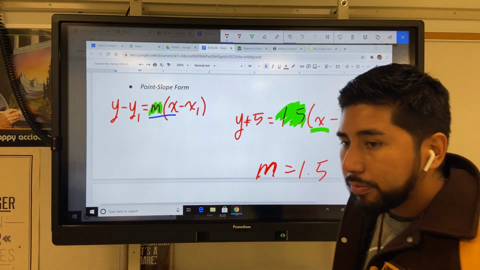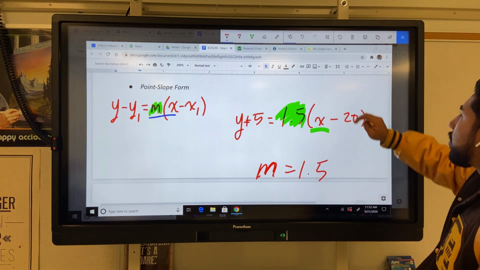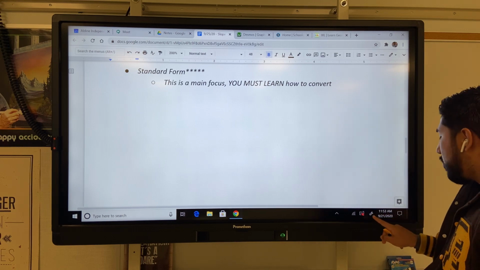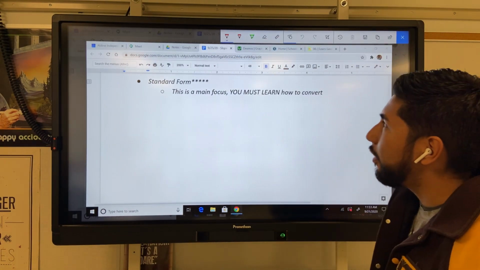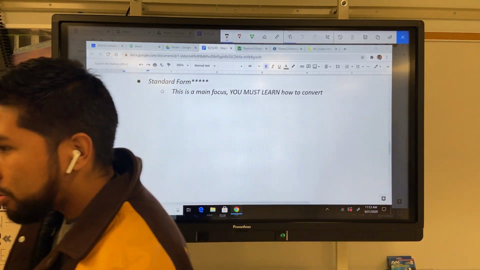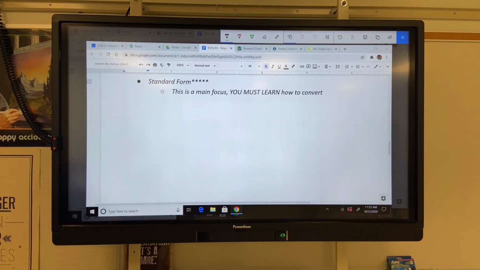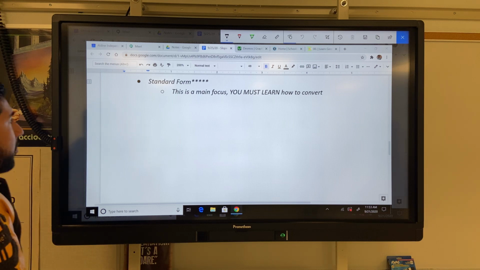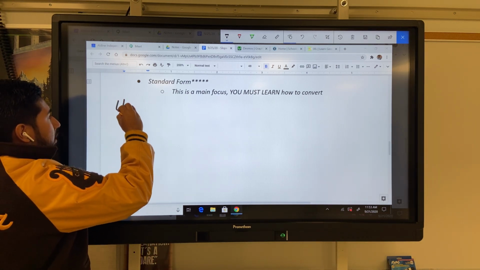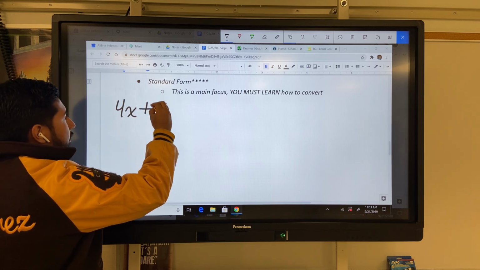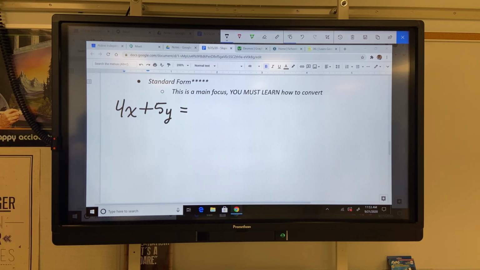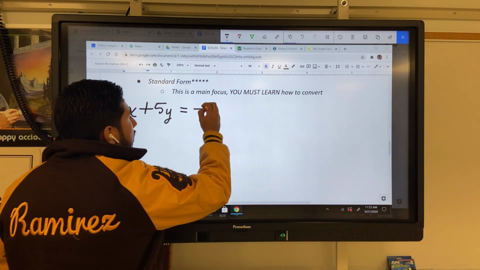Next one is a little difficult. Remember, we did this Thursday. This is your main focus. You need to learn how to convert. It is extremely important. Let's do like 2 examples, and then you do your quizzes and the choice board. 4x plus 5y equals -10.